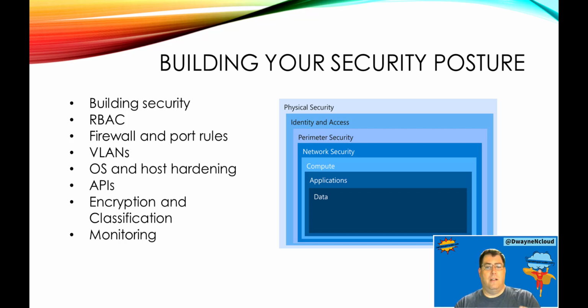Because as you can see on the left here, we have a list of various services that are a part of this network security posture: firewalls and port rules, virtual LANs, encryption, monitoring, role-based access control. All of those things have networking components to them that we need to take into account.